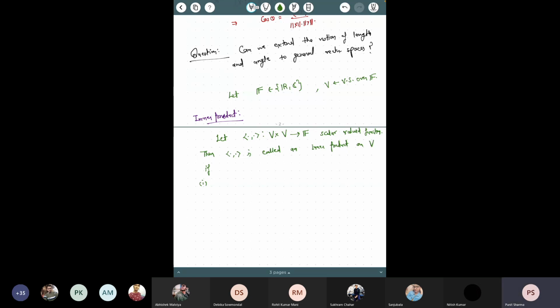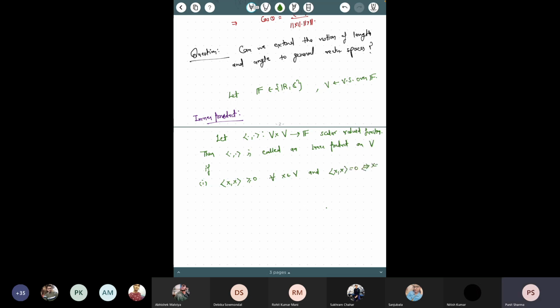So this function from V cross V to F is called an inner product if it satisfies these four properties. The first property is that the value of this function, when you take x with itself, is always greater than or equal to 0 for all x in V, and it is 0 if and only if x is 0.